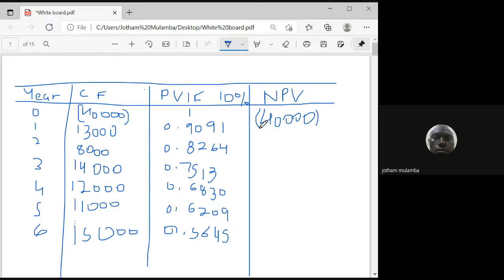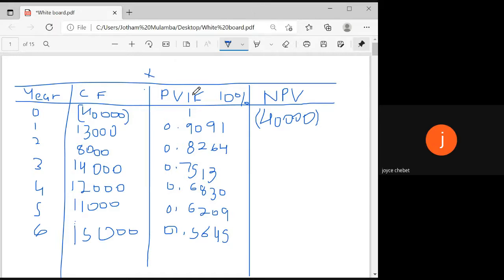Year 1, who is giving us the figure? To get the NPV, we multiply the cash flow against the PVIF. So who is giving us the figures?